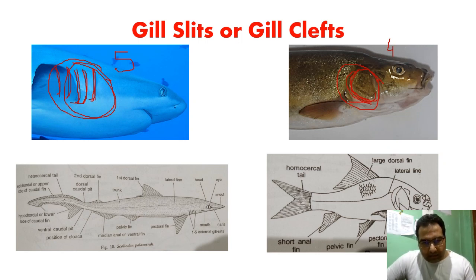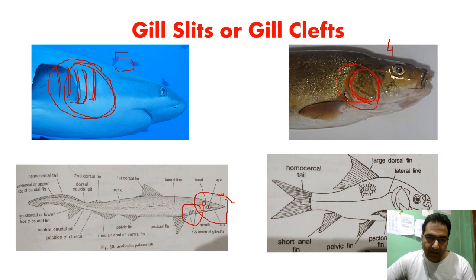Here in the cartilaginous fishes, we all know that these are the fishes which have cartilage as an endoskeleton, whereas the teleosts, which we call the bony fishes, have a bony endoskeleton. One thing more worth mentioning here is that in the case of sharks, these are the slits here, and there is one spiracle also.